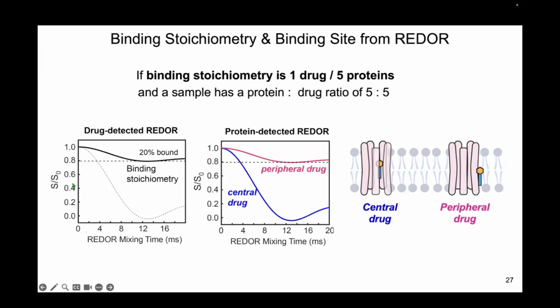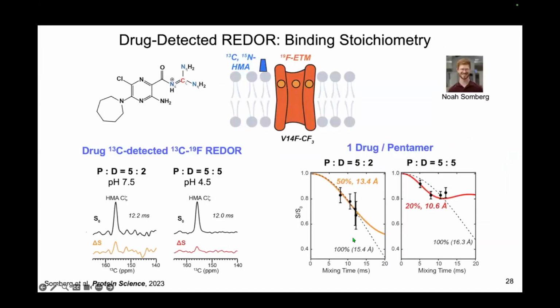And once that stoichiometry is sorted out, then you can turn around to protein detection. With that, you can find out whether that one equivalent of drug is bound centrally inside the pentamer, or perhaps is bound to the surface, because this will make a difference to the observed protein dephasing. So this is the concept.